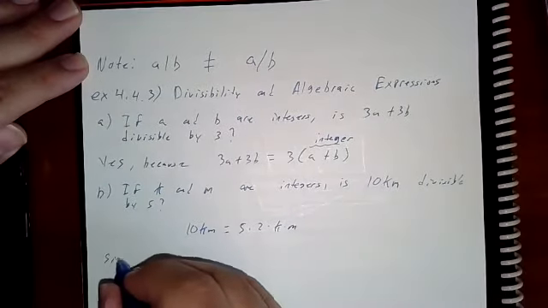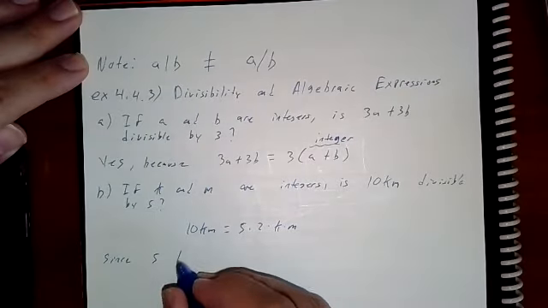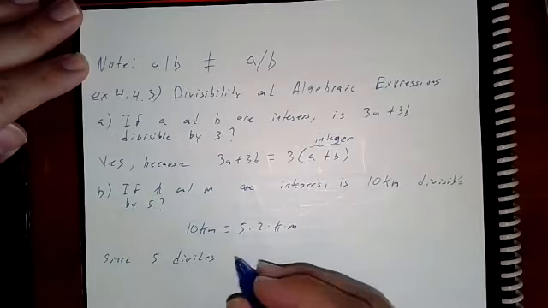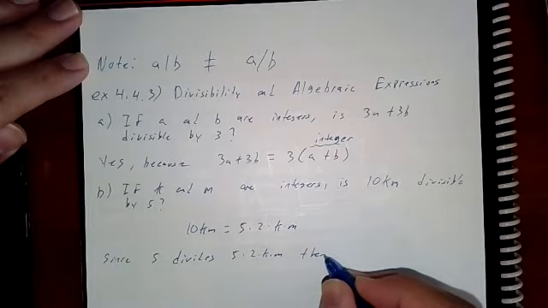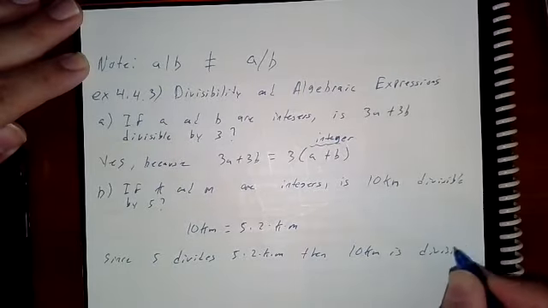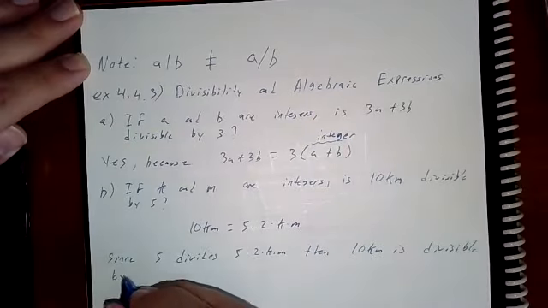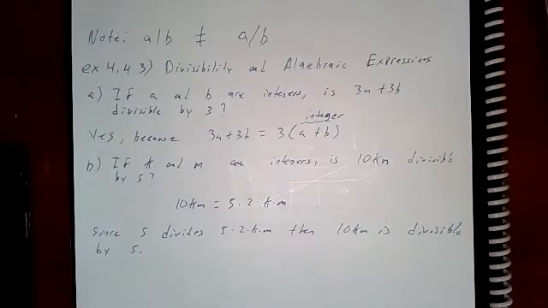So since 5 divides 5 times 2 times k times m, then 10km is divisible by 5. So no big deal. We're just explaining ourselves, trying to be more proper. Well, let's do another. Let's do something different. Let's check something that does not divide.